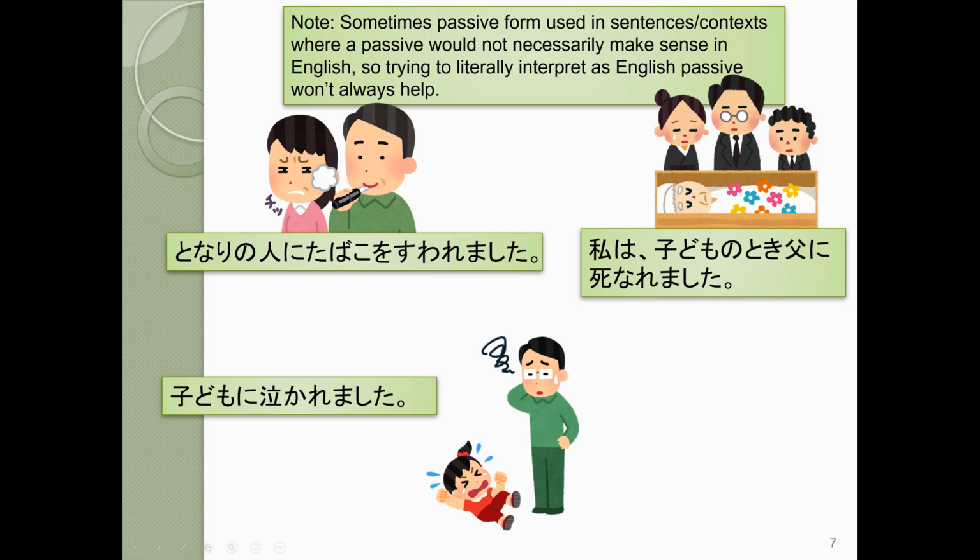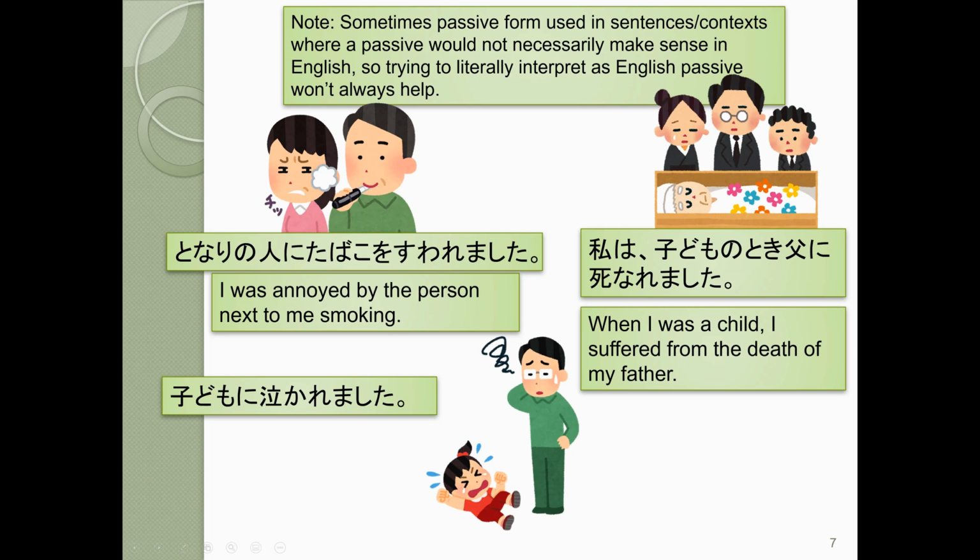So for example, we have 隣の人にタバコを吸われました。In English we don't say I was smoked by someone. But the idea is the person next to me was smoking and that made me annoyed or unhappy. とか、私は子供の時、父に死なれました。We can't say in English I was died by my father, right?